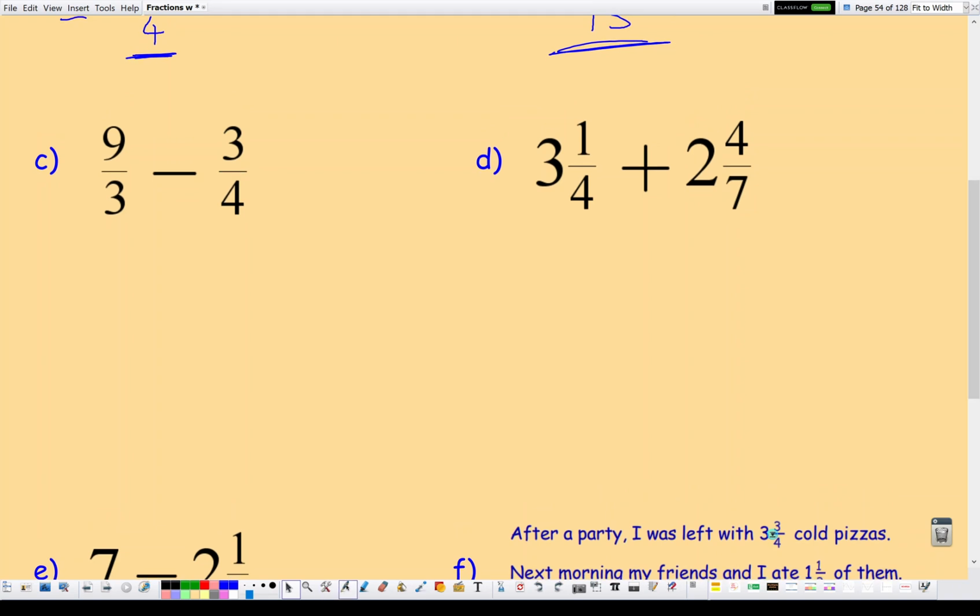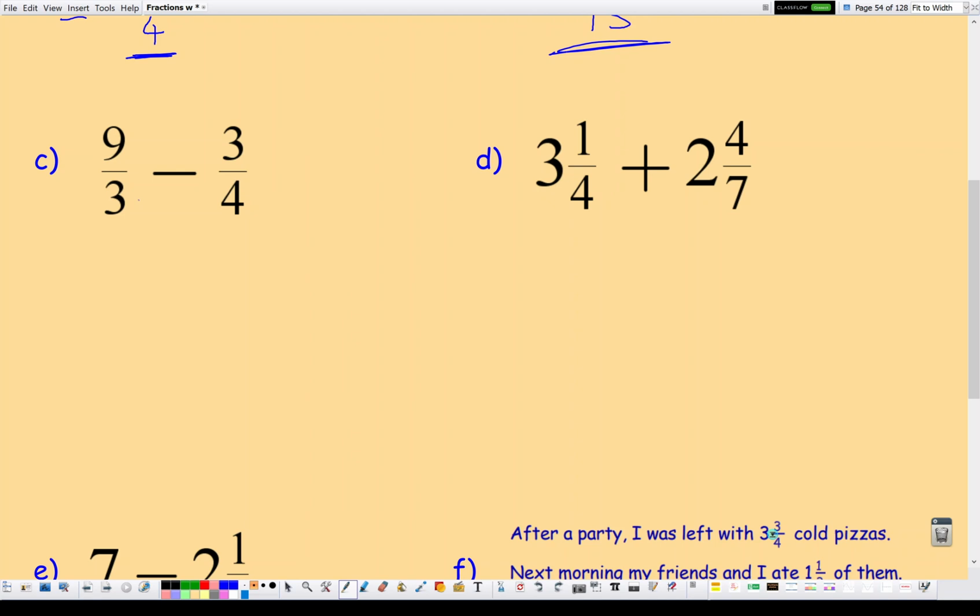Okay, so again, all we're doing is focusing on the denominators, and if there was something we can multiply 3 by to get to 4, then we would do it, but 4 is not in the 3 times table, so we don't have the same option as in the previous one. We're going to have to change both of them, like we did on Friday. So we think, what is the next nearest number that both 3 and 4 will go into?